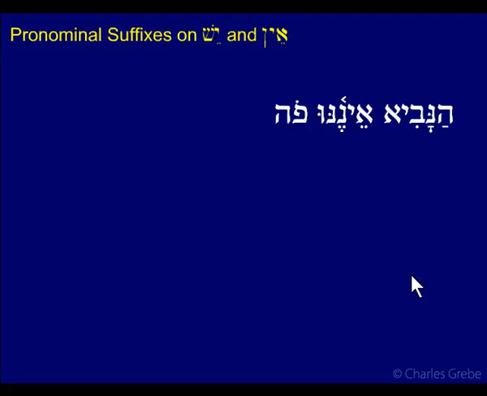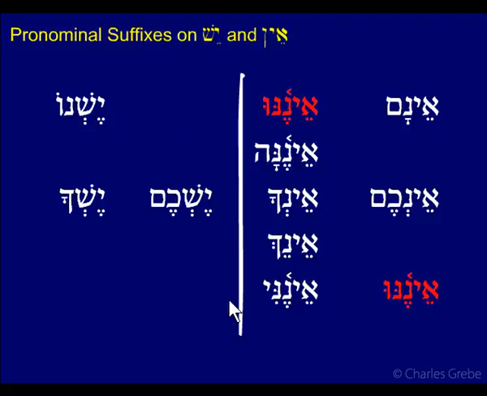So again, here's our paradigms. This is what they look like. Yaish is used with im usually, and we have more forms of ain with a pronominal suffix, and it occurs more frequently in different contexts. And don't forget that einenu and einenu can mean he is not or we are not.